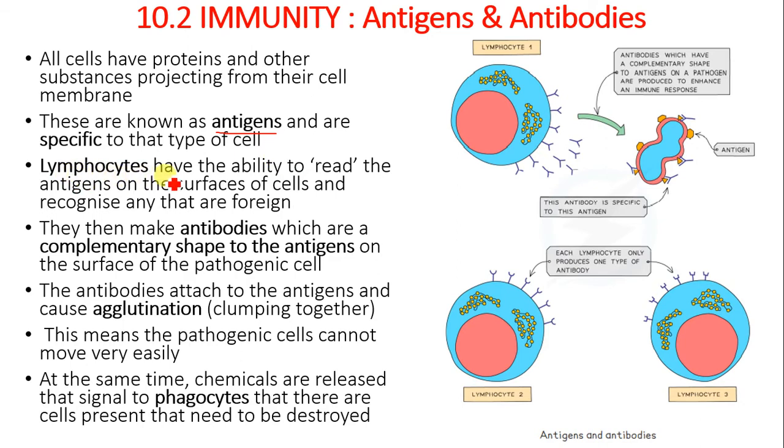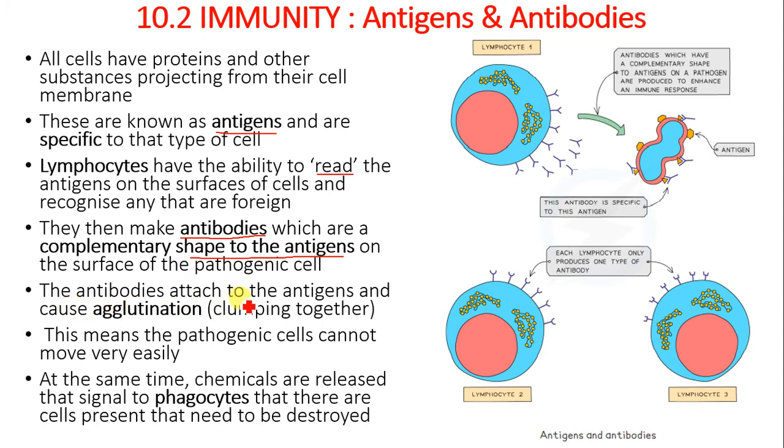Then we have lymphocytes, which have the ability to read the antigens on the surface of a cell and recognize any that are foreign. They then make antibodies which have a complementary shape to the antigen on the surface of the pathogenic cell.